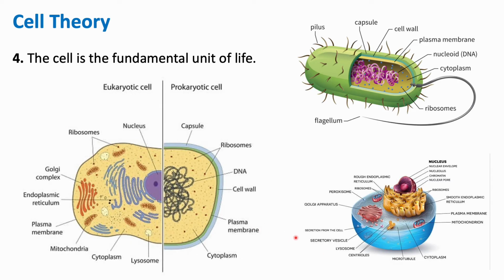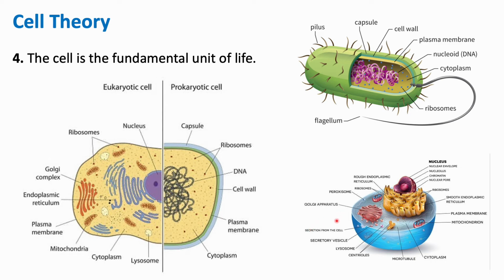The next postulate is that the cell is the fundamental unit of life. Now, what does this mean? This is very similar to our first postulate when we say that something can be single-celled or multicellular. Basically, it means that a single cell is the fundamental unit by which life can be defined. So the smallest unit of life is one cell.